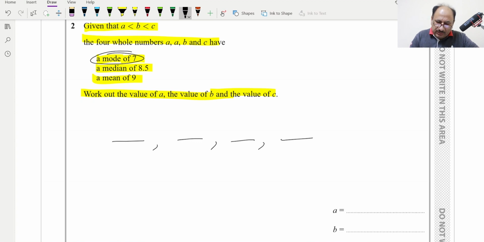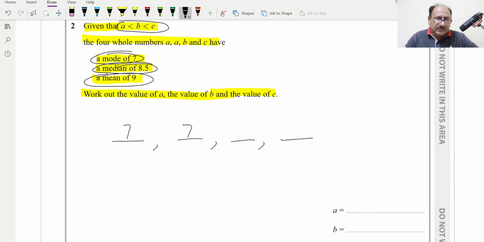So most occurring is 7, so we can write 2 times 7, median is 8.5, and mean value is 9.